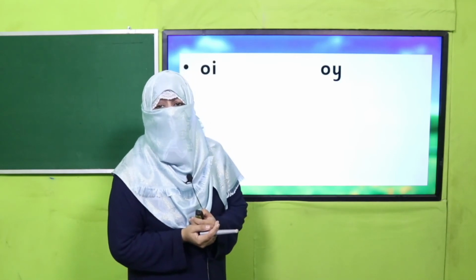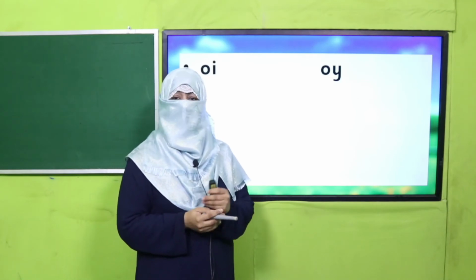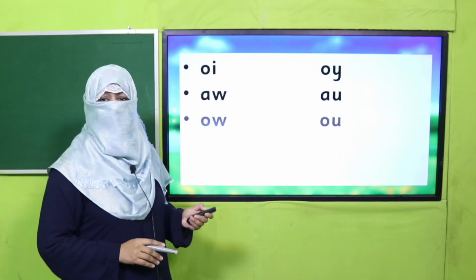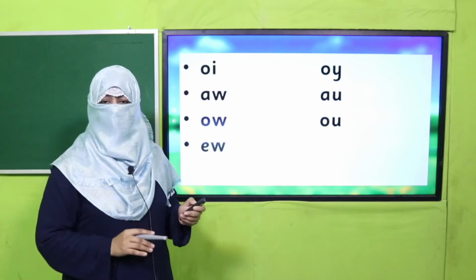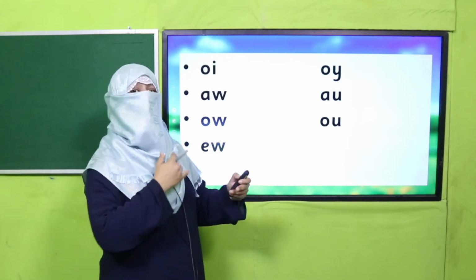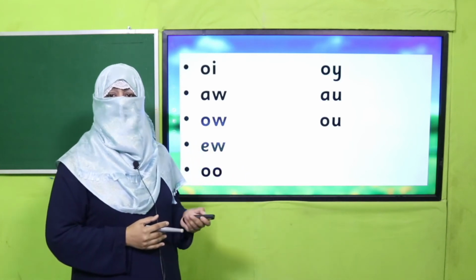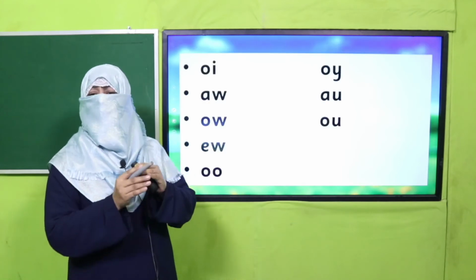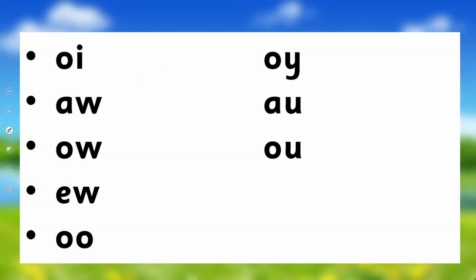OI says oy, OY says oy. So this is how you will pronounce all the diphthongs with the class and make them practice so that they can say it quickly. So pause the video and enjoy this activity with your class.